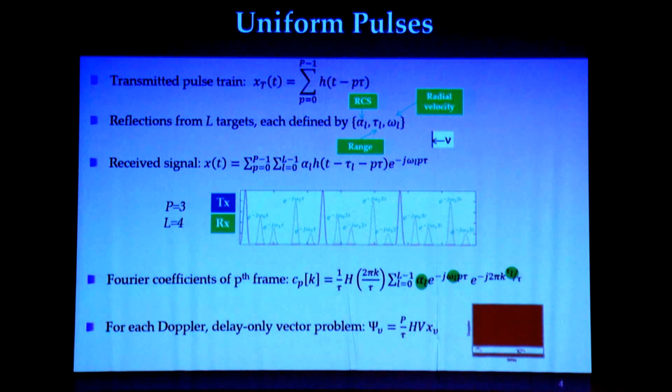What we can do is this Doppler focusing technique that we talked about. For each Doppler that we focus on, we get a delay-only problem that we need to solve. We want to solve for this sparse vector x here, and we get a vector problem. So what happens if we do that non-uniformly?